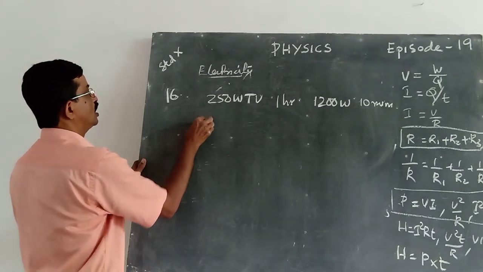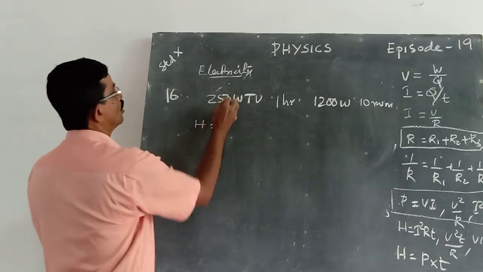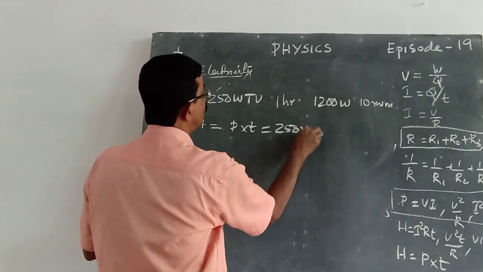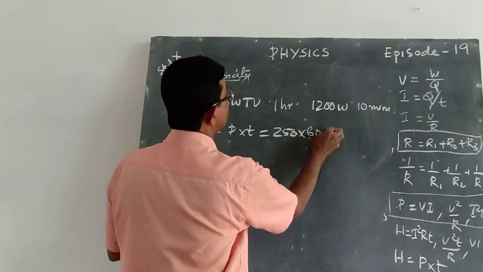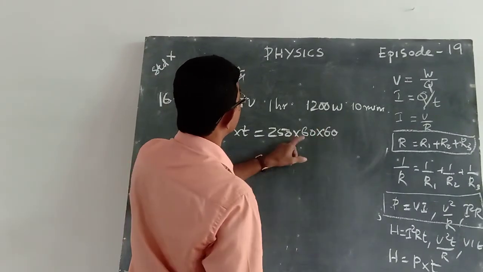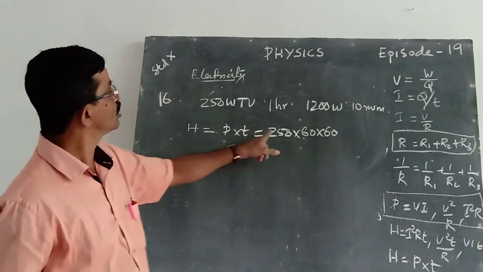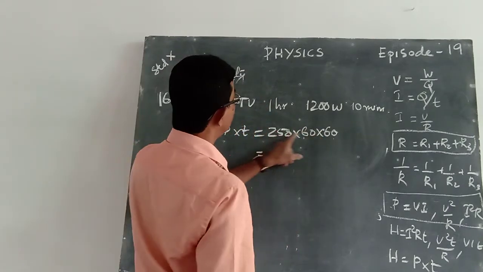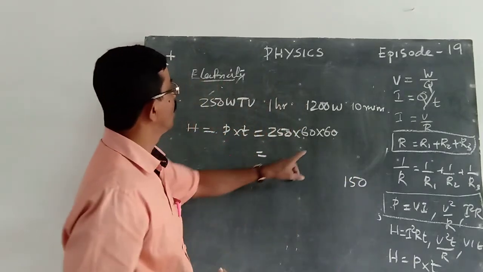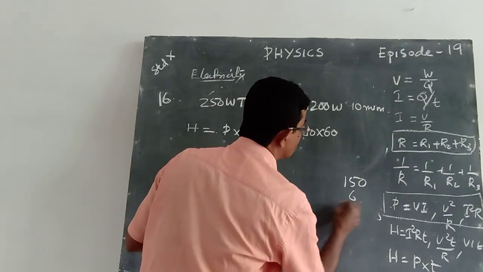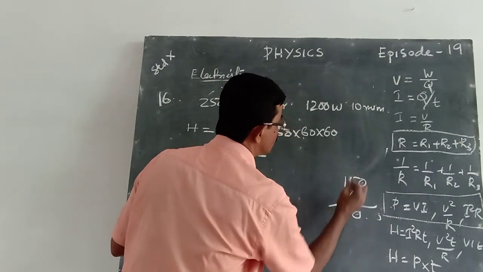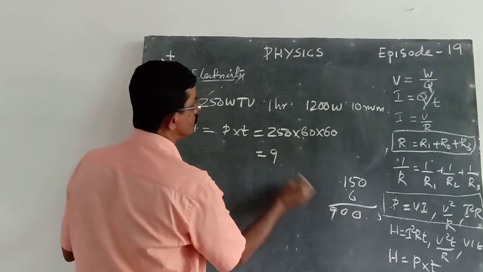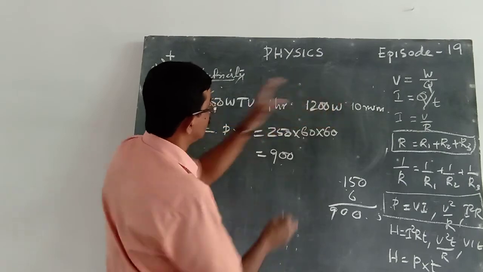That is H is equal to P into T. P is 250, into 1 hour, that means 60 into 60 seconds. Multiplying, we get 9 lakh, that is 900,000 joule.